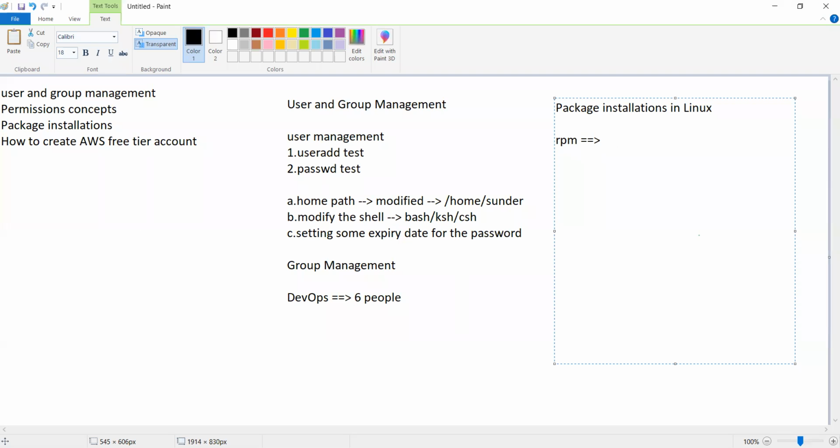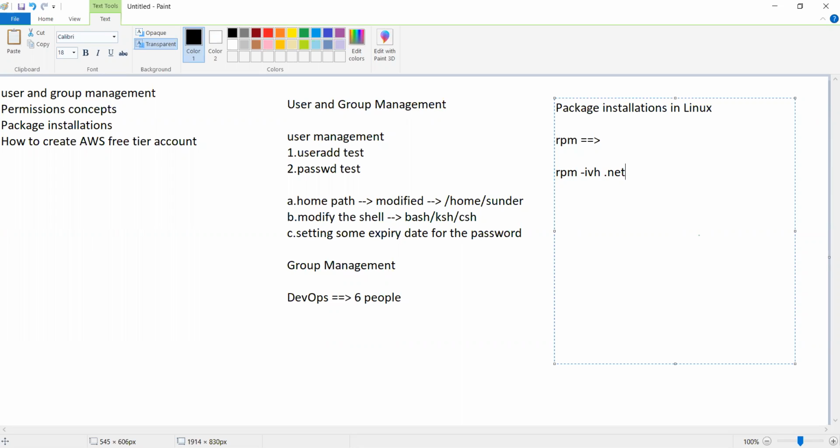So RPM is something that just installs a package, right? The intention of RPM is to install some kind of package. So simply, if I mention rpm -ivh and a package name like .NET, what it will do is simply install the .NET package.